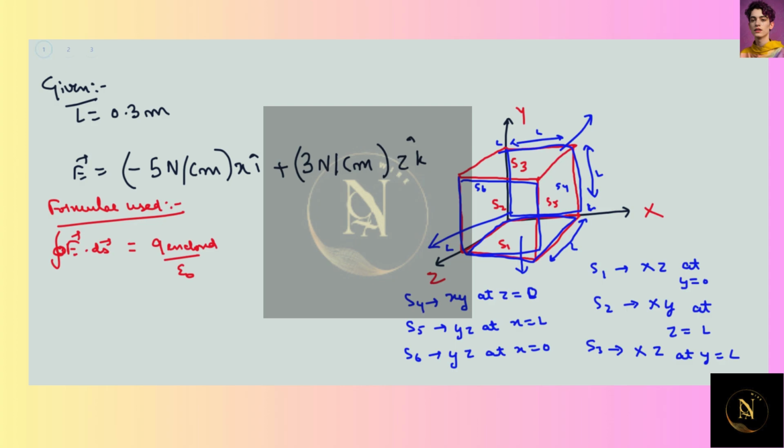Now finding the phi S5, the flux through the fifth surface. So we have E dot dS5. Now dS5, we're talking about this surface which is the yz plane.